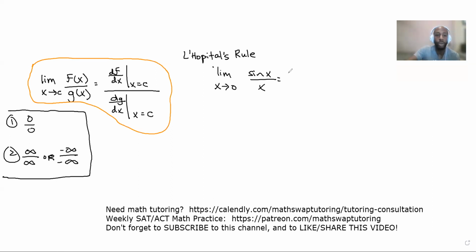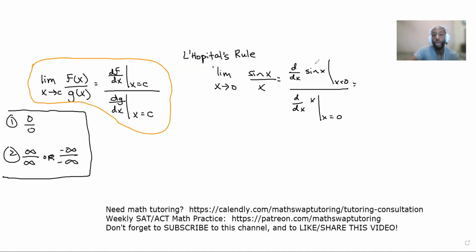It's going to be equal to the derivative with respect to x of sine of x when x equals 0, and then the derivative with respect to x of x when x is equal to 0.